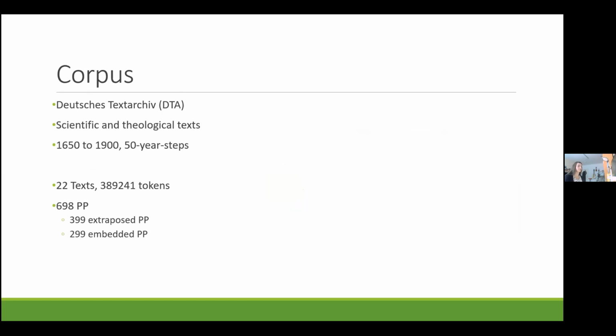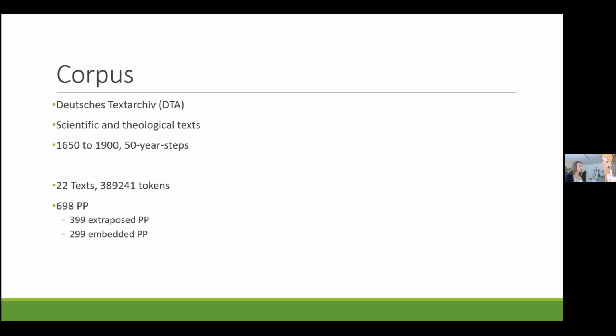So our whole language modeling is done on the lemmatized words, because we're interested more in the content than in grammatical features. We chose a sub-corpus of scientific and theological texts, and we looked at a period from 1650 to 1900, and we divided this 250-year period into 50-year steps to be able to account for some diachronic change as well.